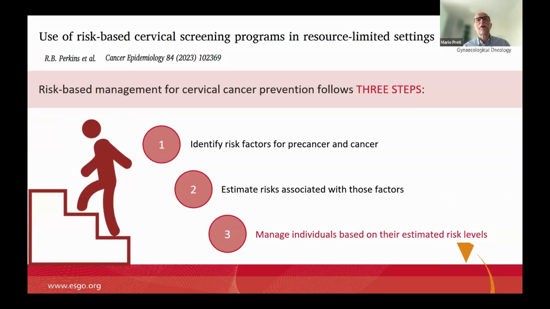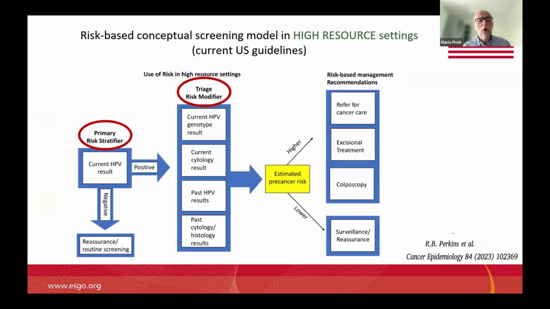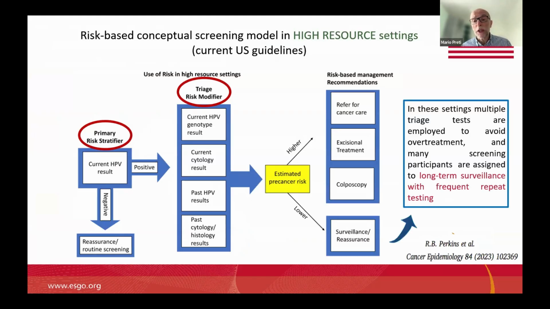And of course, as Professor Egeman already showed you, when we have a high resource setting, we can better stratify the risk. In this setting, multiple triage tests are employed to avoid overtreatment, and many screening participants are assigned to long-term surveillance with frequent repeat tests.